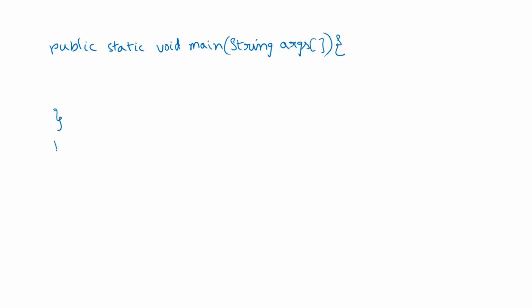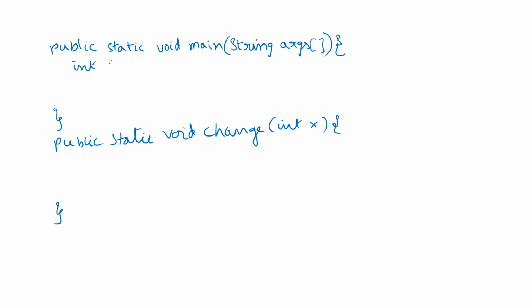And let's say I have another method which is public static void change, and it accepts an integer, int x. In the main method I am declaring a local variable, int x, and initializing it to a value of 5.